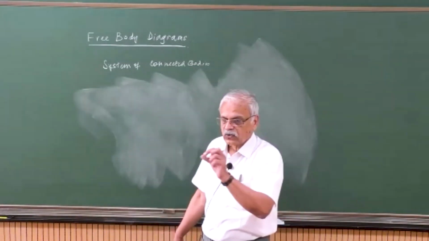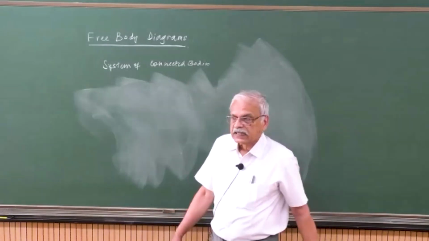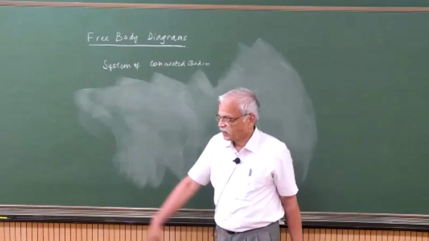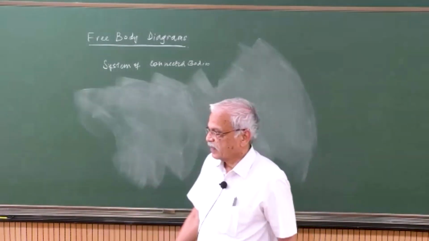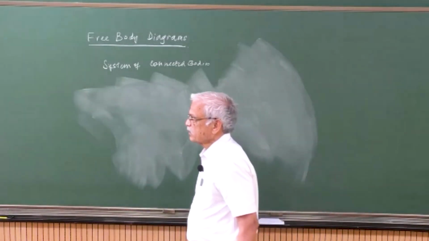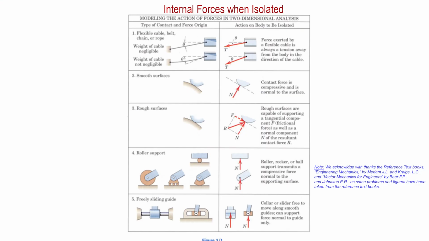What I would like to show is a quick look at the interactions which you will see. I took it from the Meriam book. Can you see these internal forces when isolated? The first one, as you can see, is a connection of a cable with a beam.